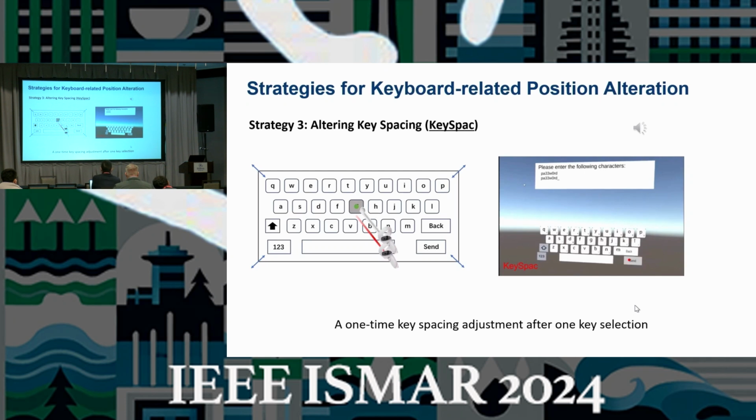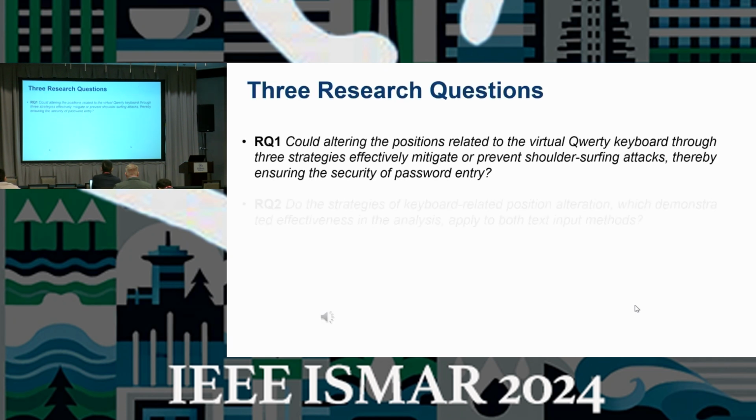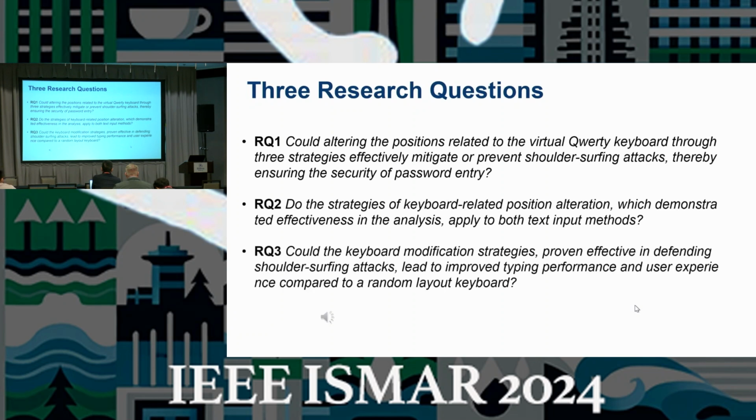Then we came up with three research questions to guide the user study about the evaluation of the three proposed strategies. Could altering the positions related to the virtual QWERTY keyboard through three strategies effectively mitigate or prevent shoulder-surfing attacks, thereby ensuring the security of password entry?